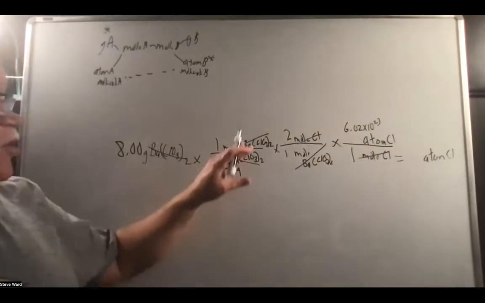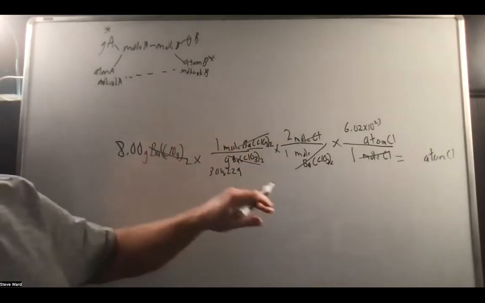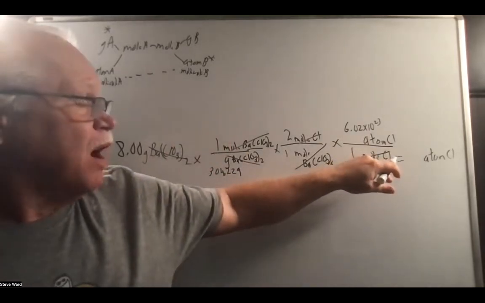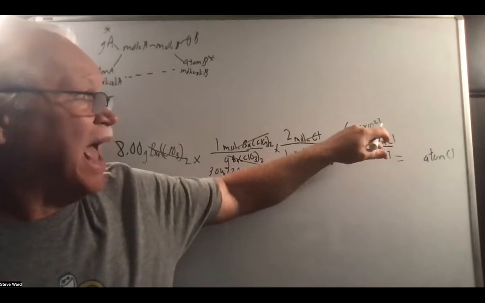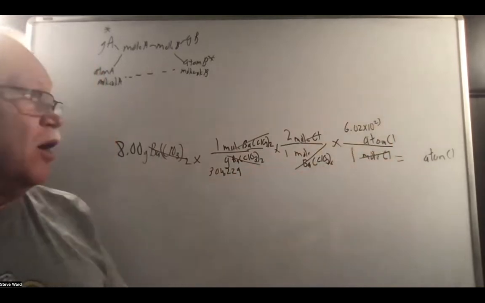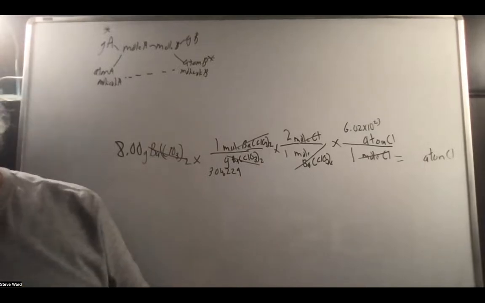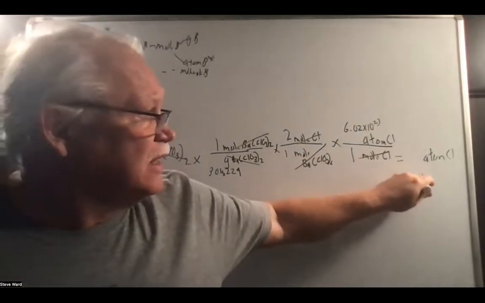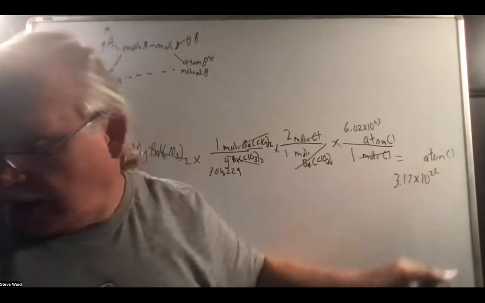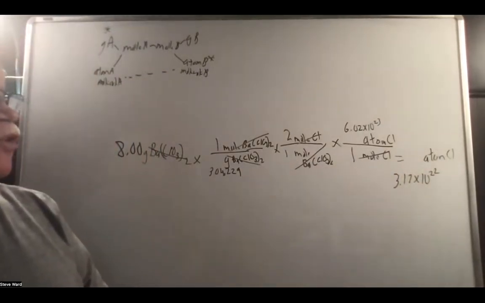Notice the molar mass is always that many grams per 1 mole. Avogadro's numbers are that many atoms or molecules per 1 mole. And to go from moles to moles, we just simply count. And the answer is 3.17 times 10 to the 22nd atoms of chlorine.